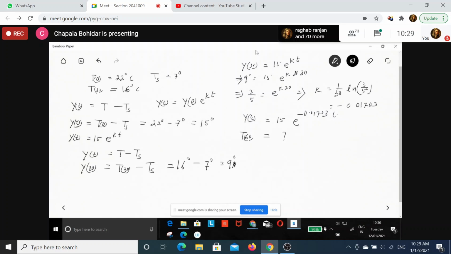So now we know y(t) is equal to T minus Ts. So T is equal to y(t) plus Ts. So T of 60 is equal to y of 60 plus Ts.